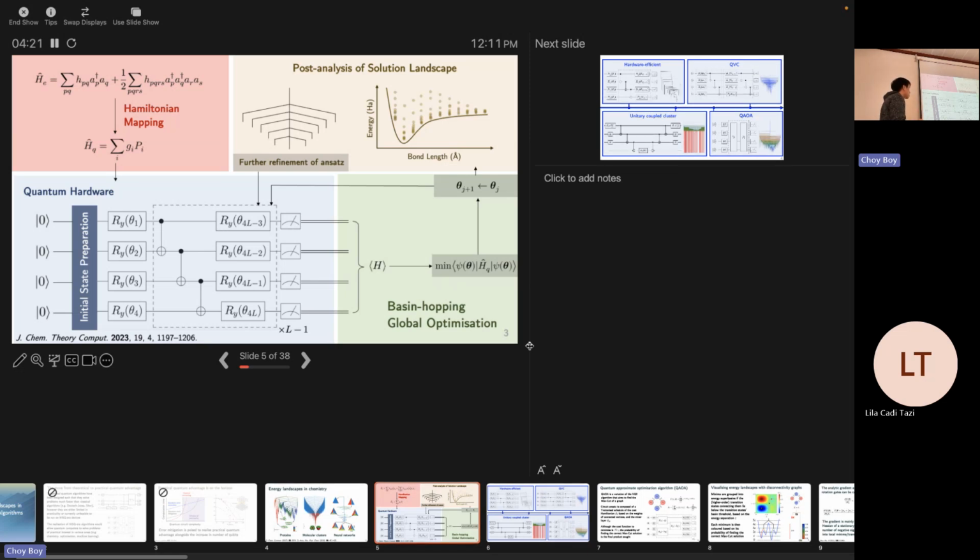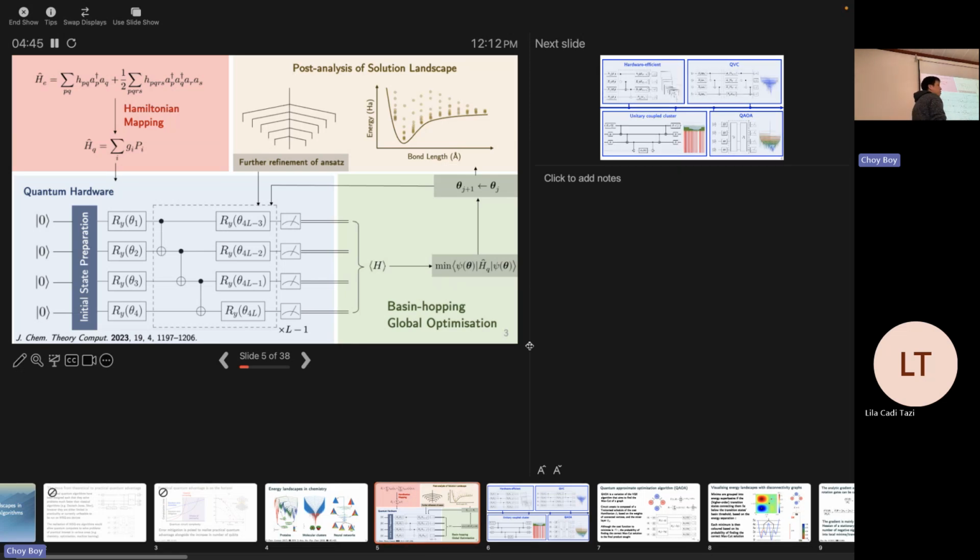Then afterwards, we simulate this problem using an actual quantum computer. We need to prepare the initial state, and afterwards apply some ansatz, variational or not. Then we optimize using LBFGS or some optimizer.